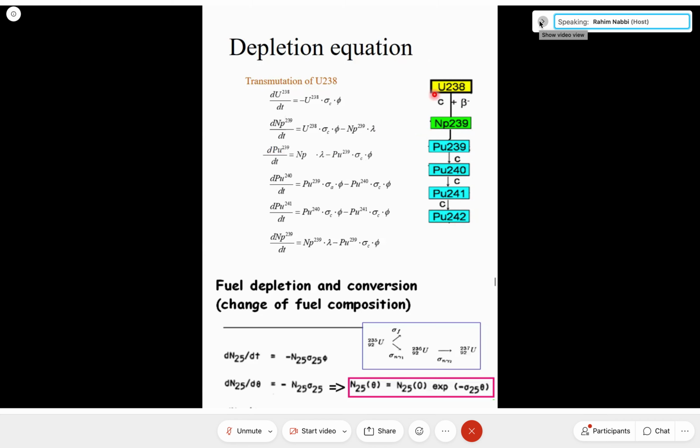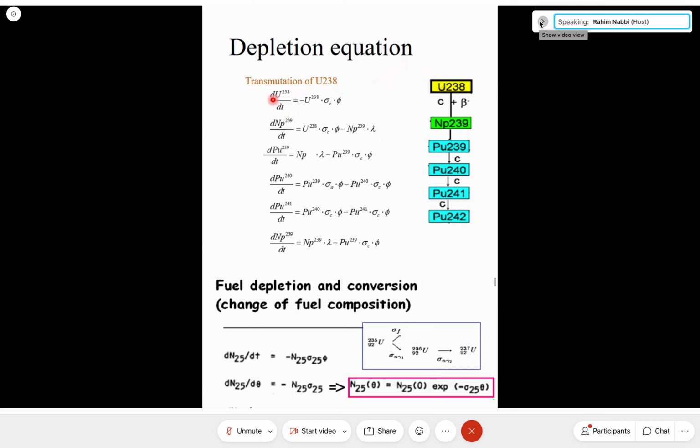So in the first step, in case of uranium, for example, if you take the fresh fuel, mainly consisting of uranium-238, the starting nuclide, its consumption or change of concentration can be determined by writing a differential equation.